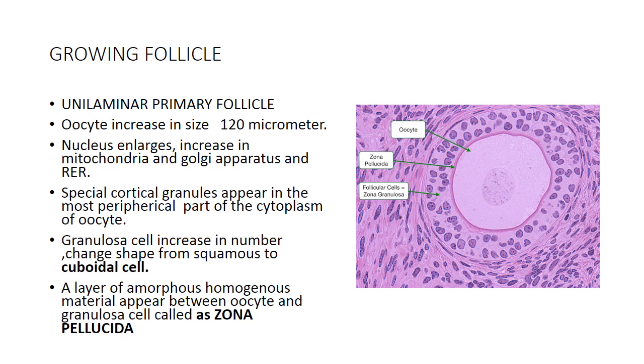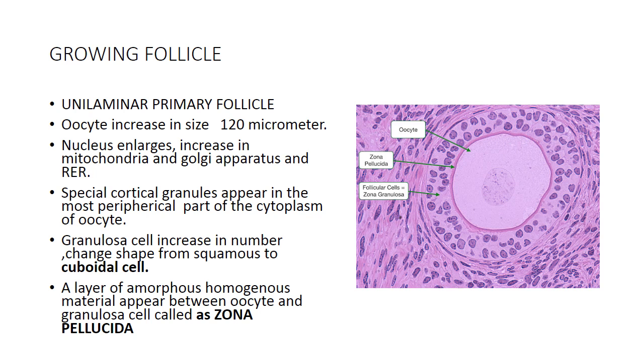During the first few days of each ovarian cycle, a number of primordial follicles begin to grow in both ovaries, and these are then called growing follicles. In the growing follicle, the first type is called the laminar primary follicle. The oocyte increases in size to about 120 micrometers.